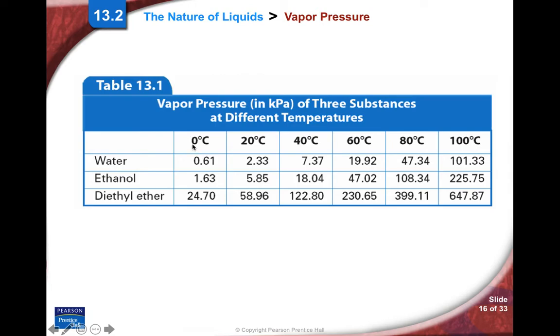For different substances at different temperatures. So 0 degrees, that's solid water. It still exerts a vapor pressure. It's kind of weird. So in your freezer, you probably noticed crystals forming inside of packages, freezer burn. That happens because some of the water that's in your food solidifies, but then it becomes a gas. It'll actually sublime.